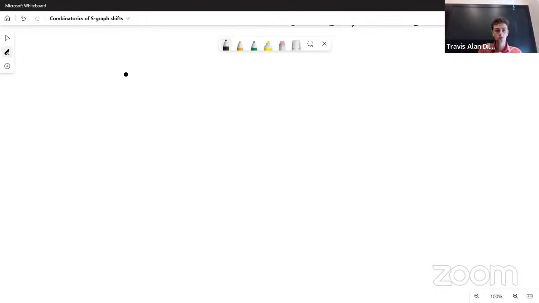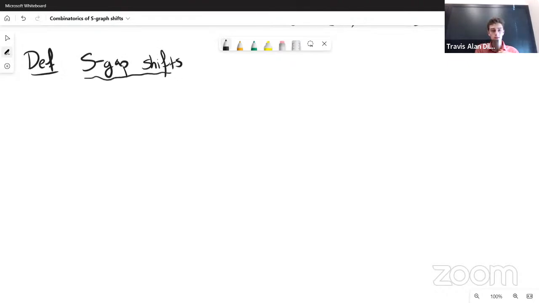One of the very popular classes of shift spaces is what's called S-gap shifts. So I'll define these, and then I'll give a brief comment about why these are a popular class of shift spaces to study.